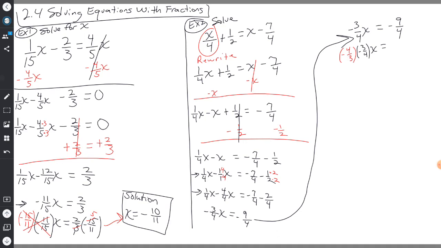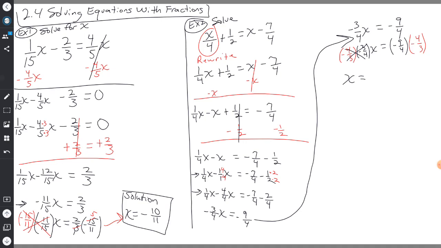And then on the other side, we do the same thing. We have this negative 9 over 4, which we're going to multiply it by. So that way this cancels out, leaving us with x.